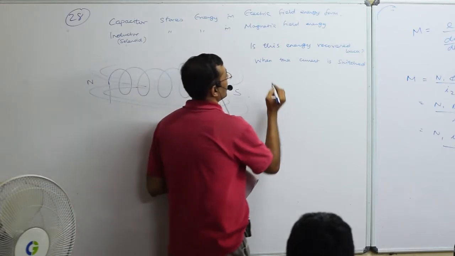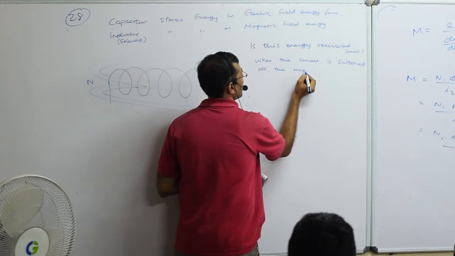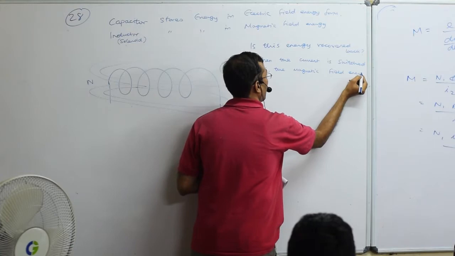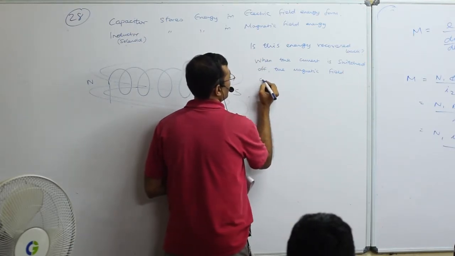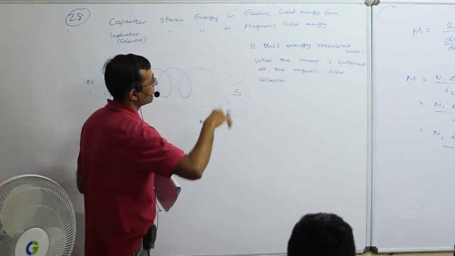The current is switched off. The magnetic field collapses. Collapses means it slowly reduces.